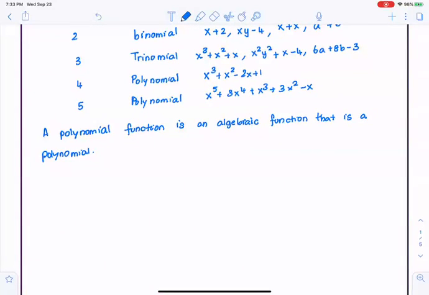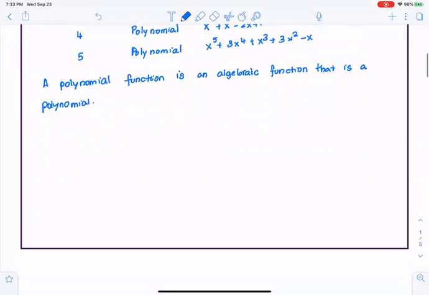But as a polynomial function, for instance, if I have f of x is equal to 2x plus 4, that is simply a line. It is a linear function. And that is a line.